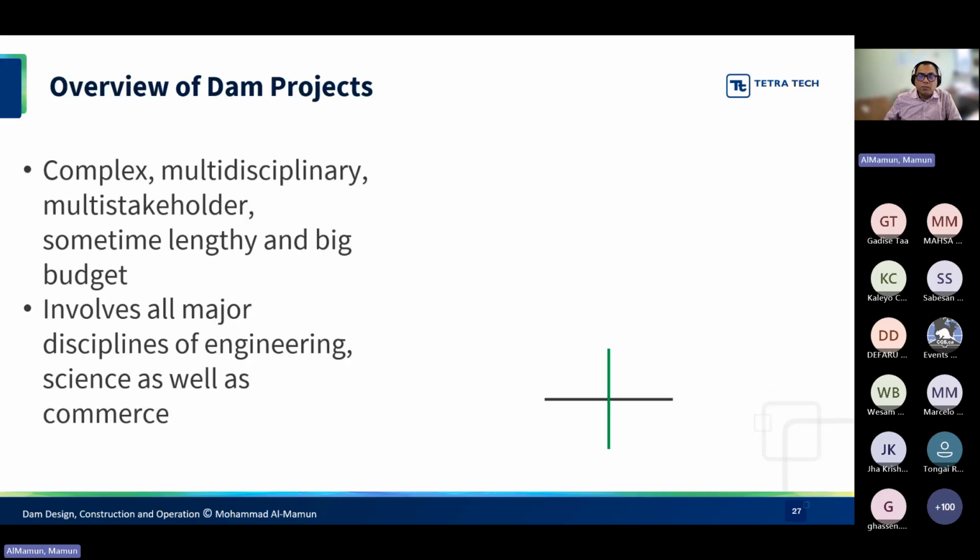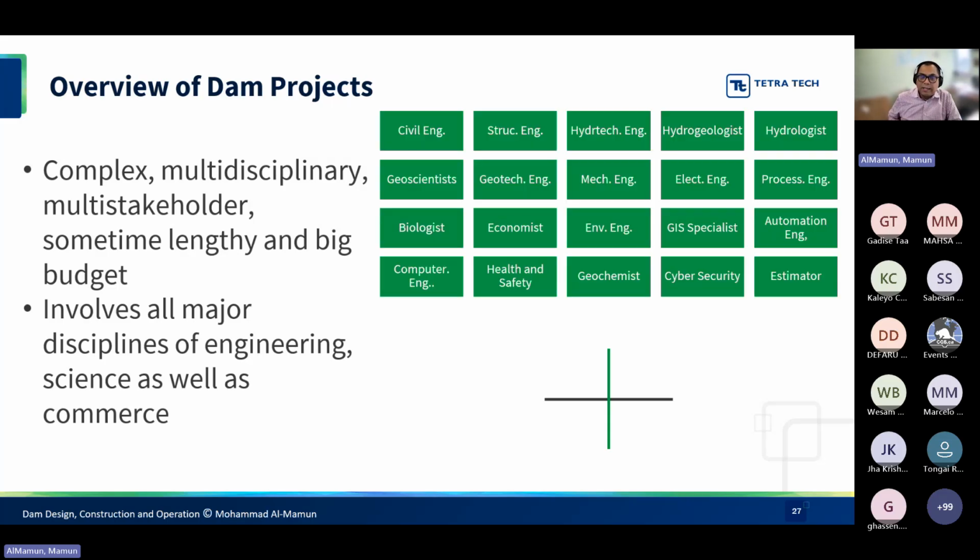All right, so the next part that I'm going to elaborate on is dam projects: what they look like, their life stages, and so on. These are complex, multidisciplinary, multi-stakeholder, sometimes lengthy and big-budget projects. They involve all major disciplines of engineering, as well as science and commerce.